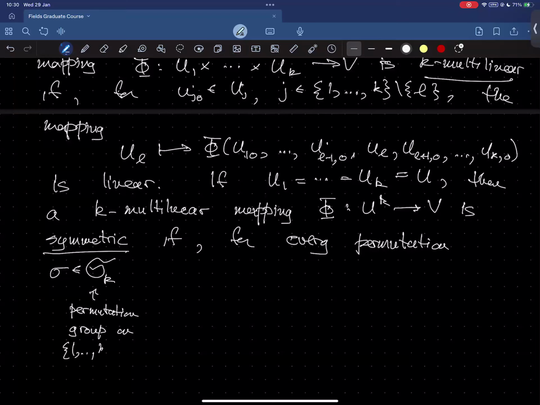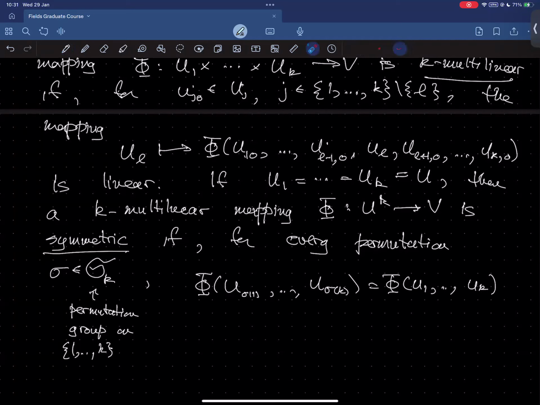it holds that phi of, basically I'm going to take the arguments and permute them, and it's independent of the permutation. The way you write that is phi of u sigma(1) up to u sigma(k) is phi of u1 up to uk.